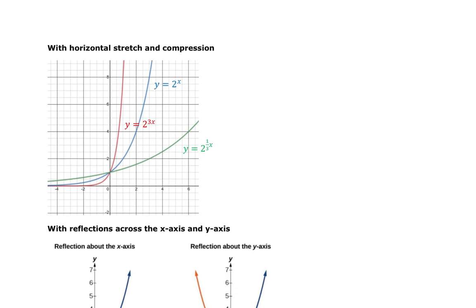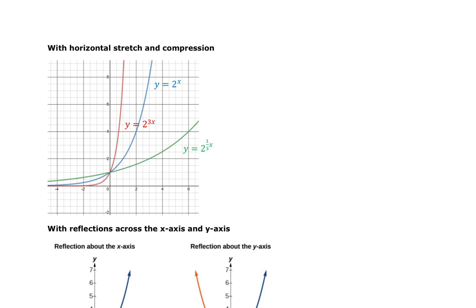Now, horizontal compressions can still happen. They just look weird. Horizontal shrink, stretch, and compressions. What you should notice is that this still goes through when my exponent is not just x, it's 3x or 1/3 x, that it is shrinking and stretching as expected.